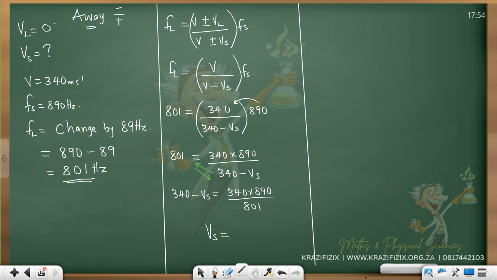Yes, ask. Did you say if it is moving away, the velocity of the listener, we're going to minus it and then we're going to add the velocity of the source? No. Okay, so here's the thing. Please look at your formula.